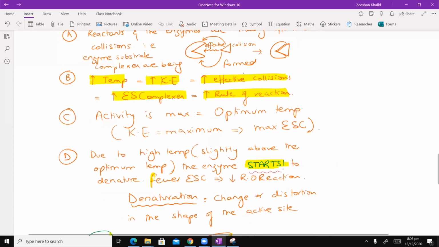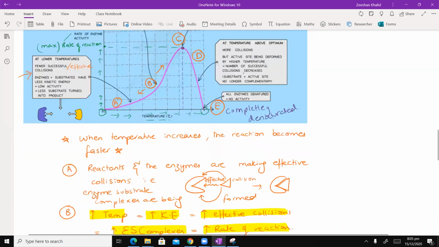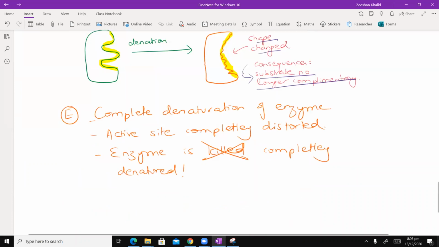Okay. And then finally, we said that at E marks the point where it gets completely denatured, complete denaturation, which means that now no more substrate is able to fit into the enzyme. And then I ended up with this thing कि आपने ये नहीं लिखना कि enzyme is killed. No, it's denatured. Okay, so that's the correct word.